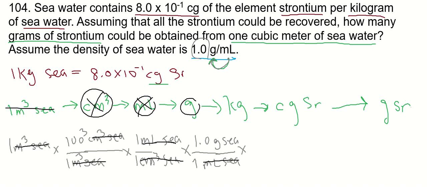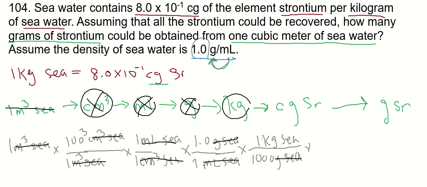And let's turn grams into kilograms. So 1,000 grams of seawater is 1 kilogram of seawater. Grams of seawater gone. We're here. Now we have to go from, there's that conversion factor right there that we wrote earlier.